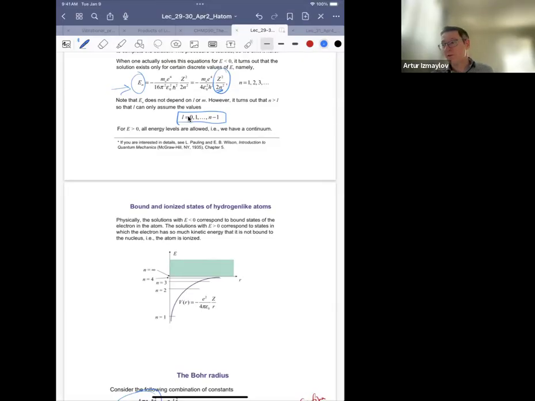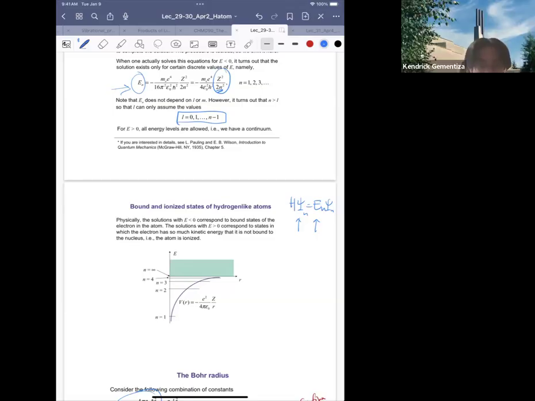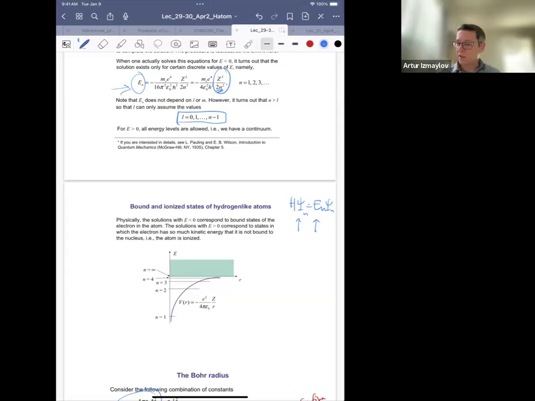Or if you don't remember the first, tell me any problem where we have a solution, the solution being functions and eigenvalues. Particle in a box. Particle in the box, that's great, Kendrick. Particle in the box. What else?